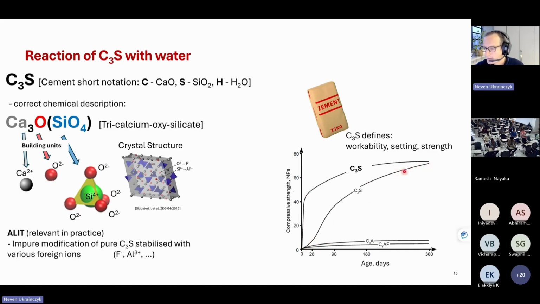For example, C2S is important for later strength, but from a sustainability point of view it's also interesting because it's burned at a lower temperature and demands less CO2, because we have less calcium carbonate to burn.